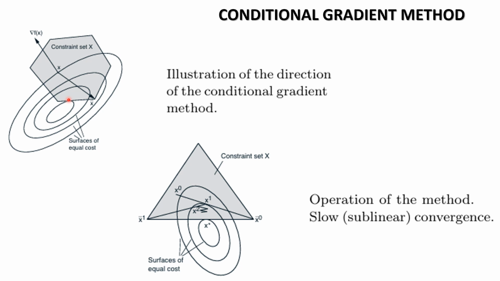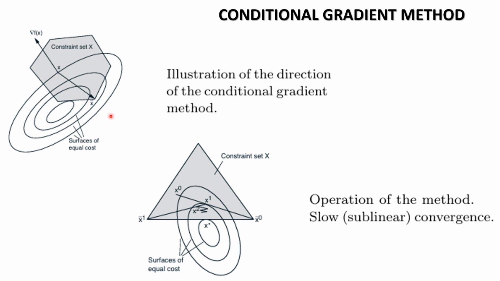Linearization and the direction to x bar. x bar is the argmin over z in X of the transpose gradient vector multiplied by z minus x.